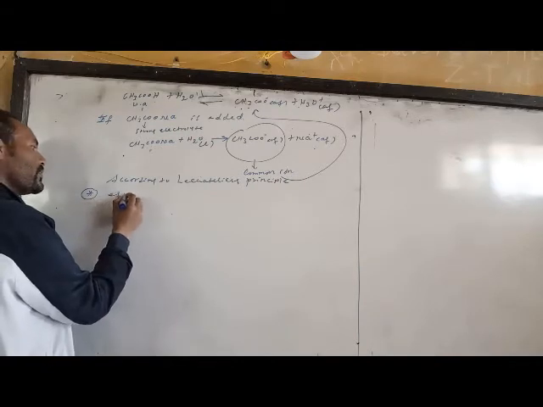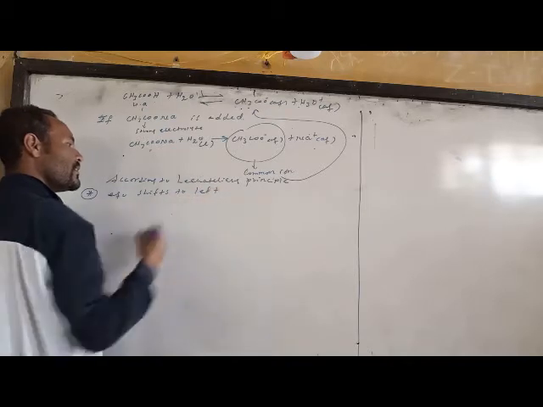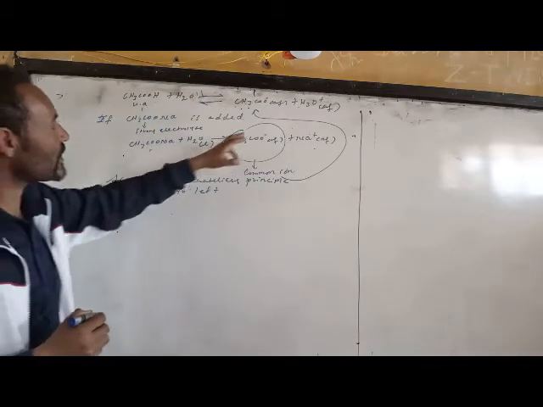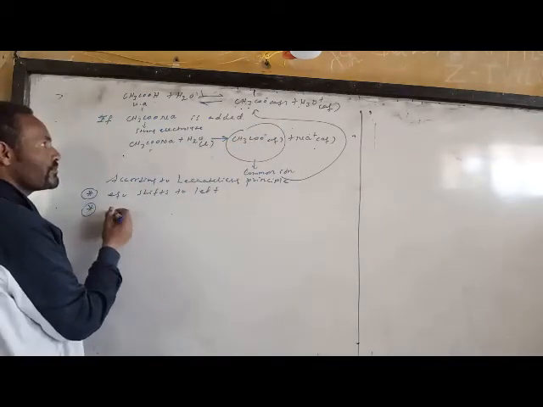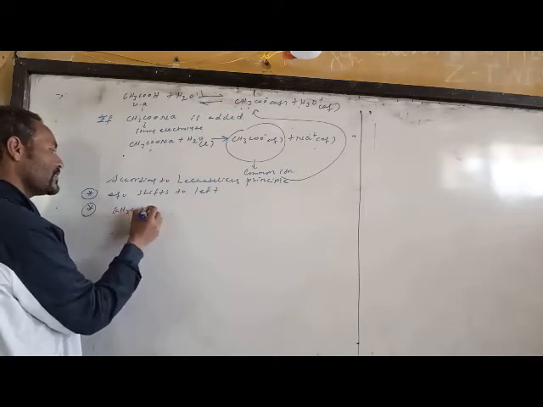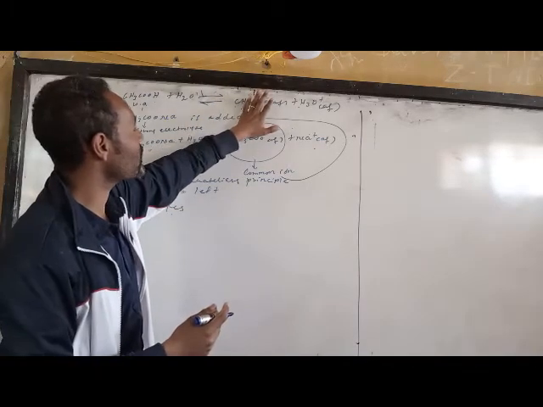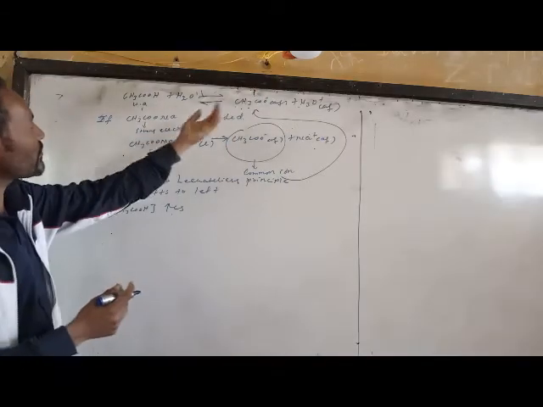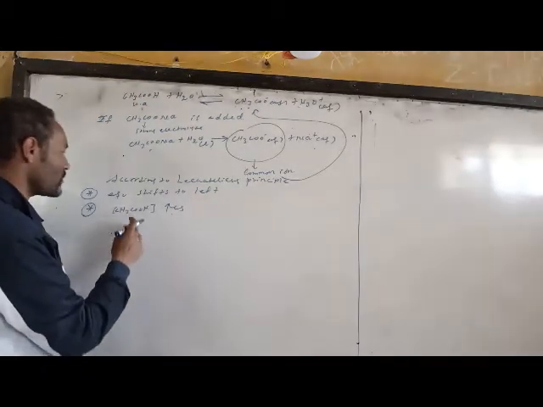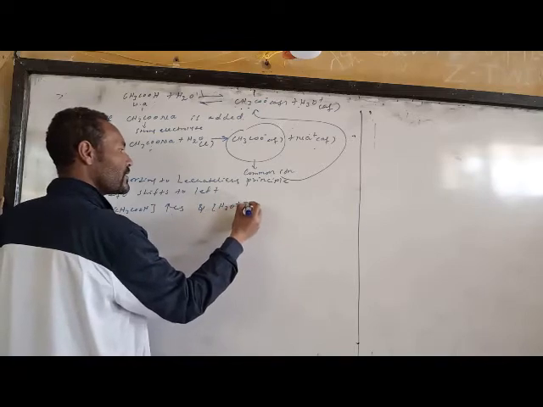This in turn causes the concentration of the acetic acid to increase. The addition of one of the product species in the equilibrium causes the equilibrium to shift to the left direction, causing the concentration of the reactant to increase. Now the concentration of acetic acid increases and the concentration of hydronium ion decreases.